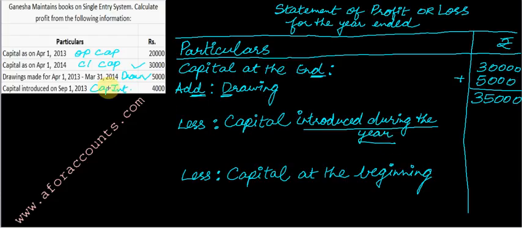So do I have some capital introduced? Yes, 4,000. So I will less 4,000. And what do I get now? 35 minus 4 is 31, and 31,000 is adjusted capital.